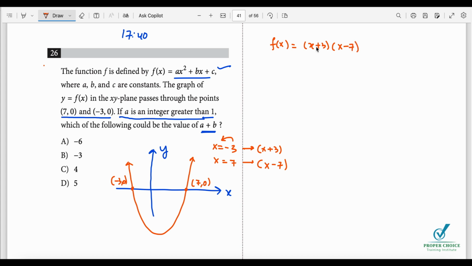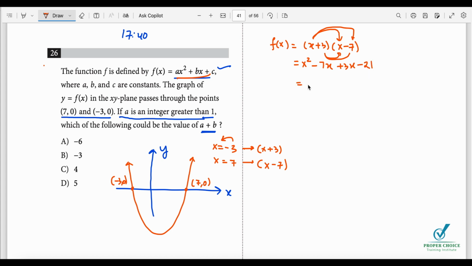Distribute it carefully and try to convert into the standard form like this. So x times x is x squared, x times negative 7 is negative 7x, 3 times x is positive 3x, 3 times negative 7 is negative 21.